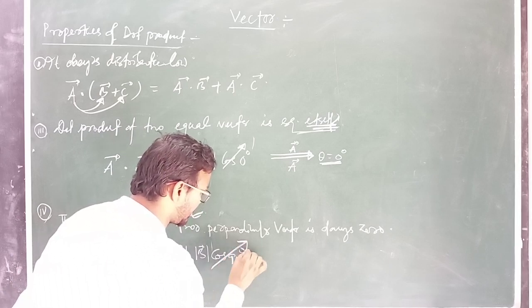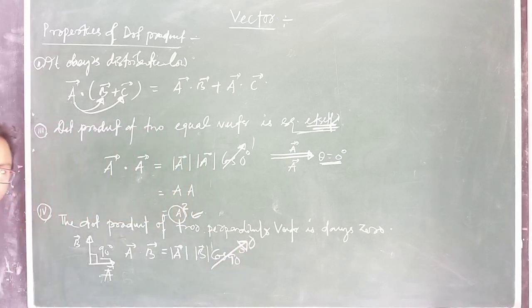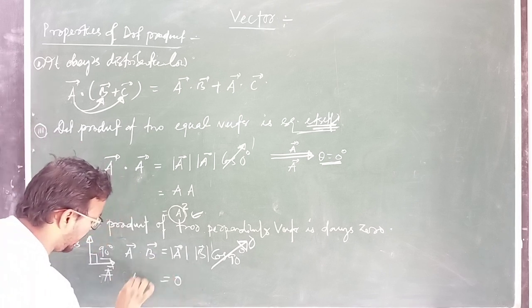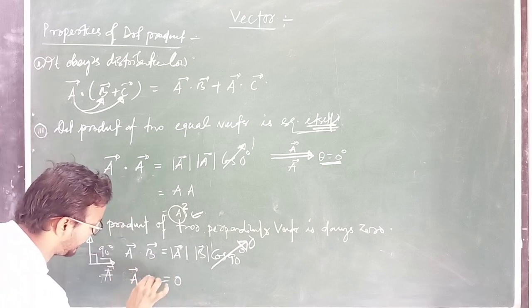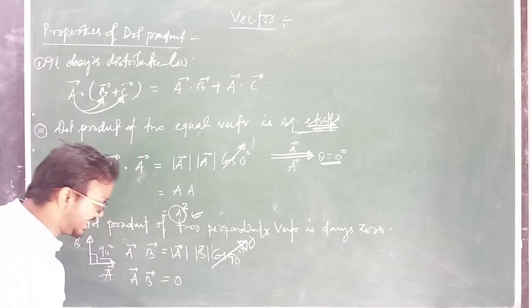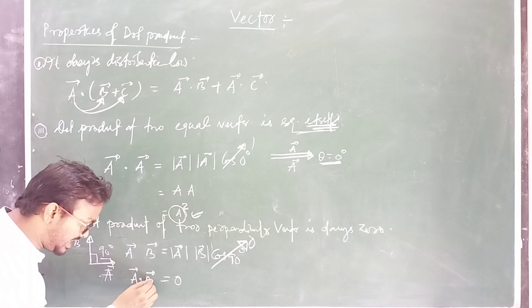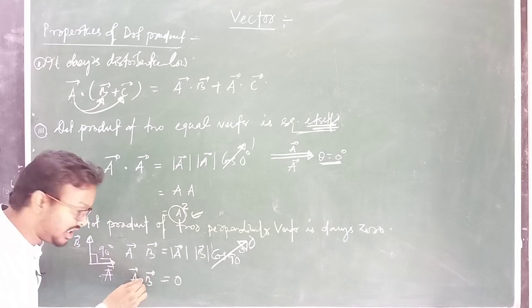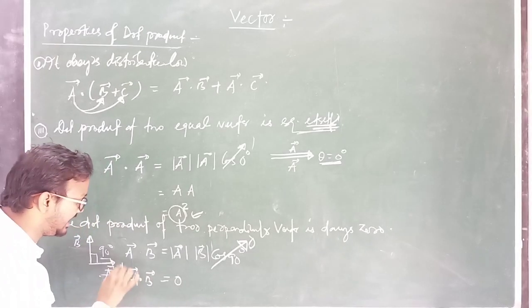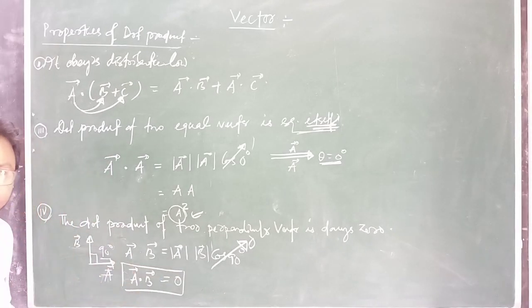The value of cos 90 is 0. So A dot B equals 0, not a 0 vector. Why? Because the dot product of two vector quantities gives a scalar quantity, which is equal to 0.